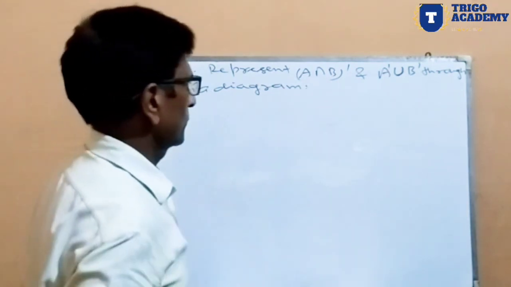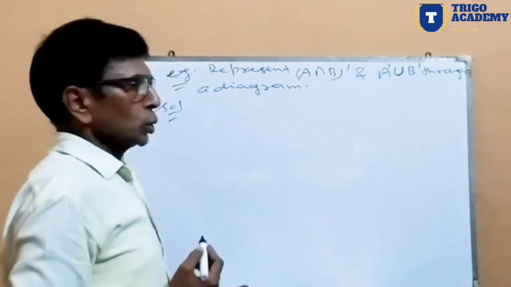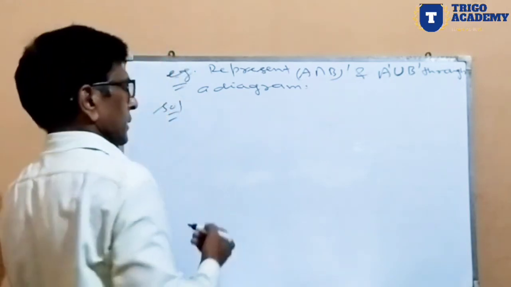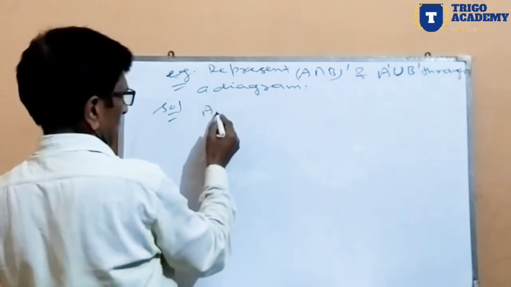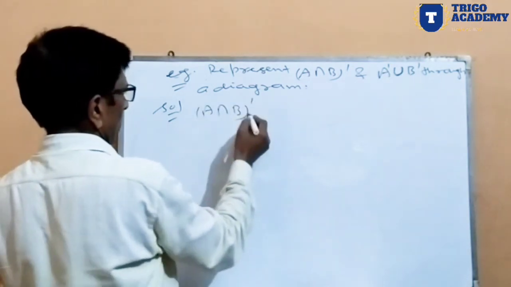So now, first, there are two sets A and B here. First I am taking (A intersection B)'.